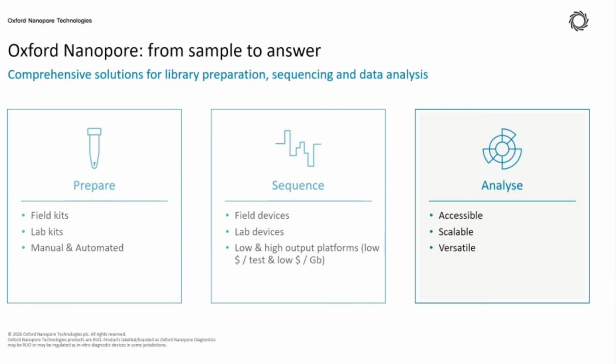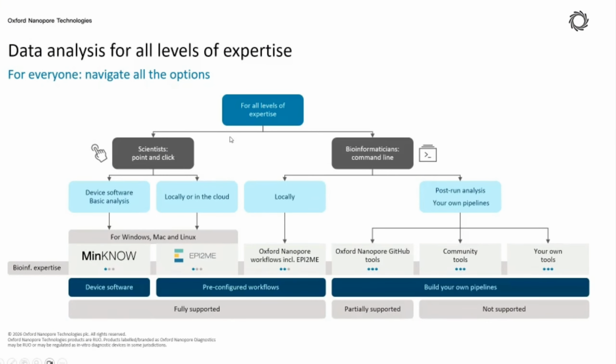After the sequencing, it comes to the analysis part. From ONT, in addition to the sequencing technologies, they also provide the software or programs used to handle the sequencing and the data analysis. For bioinformatics analysis, normally we have two categories of programs. One is with a graphical user interface, which is point and click, and the other type is command line.